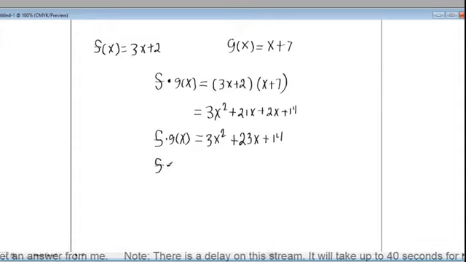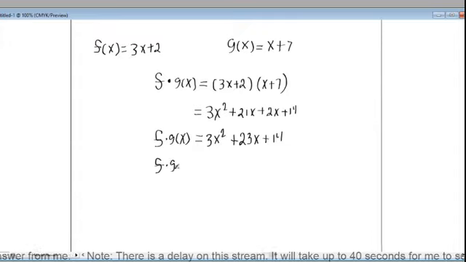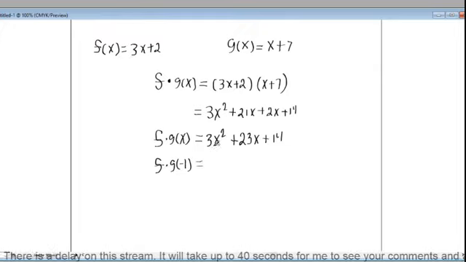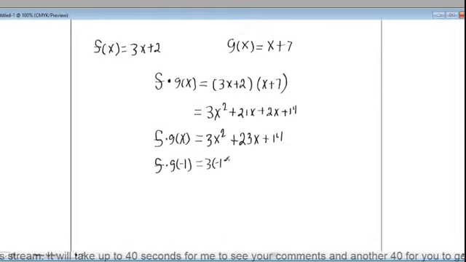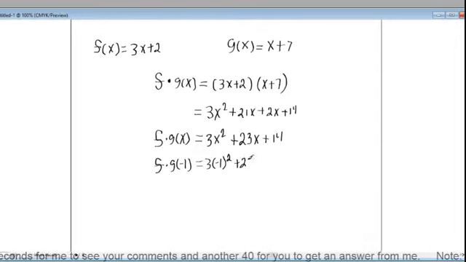So f times g of -1 equals 3 times -1 squared plus 23 times -1 plus 14.